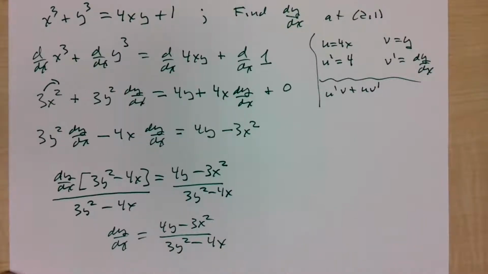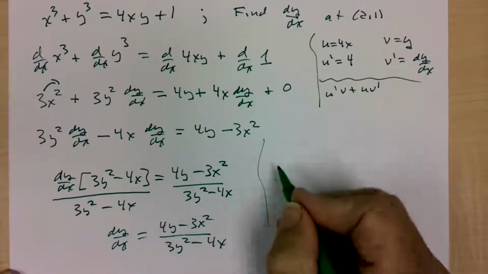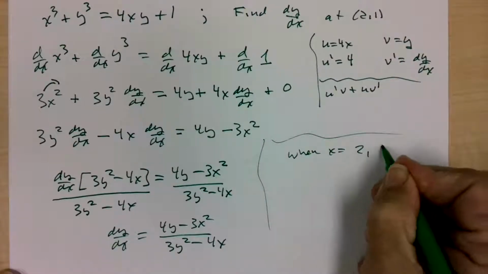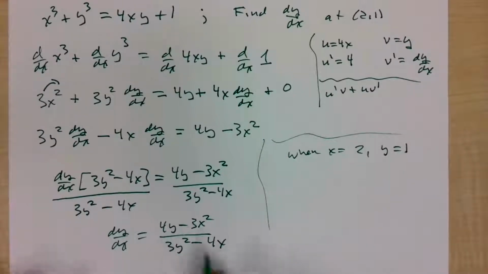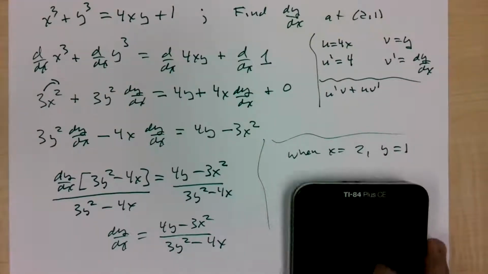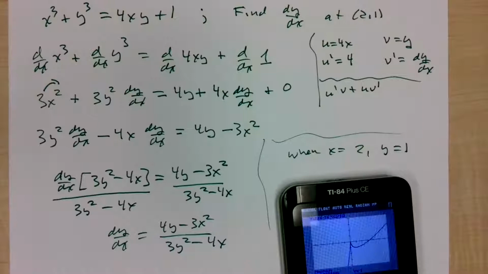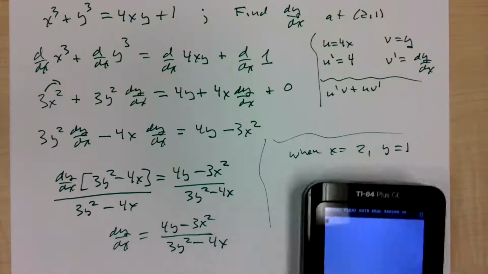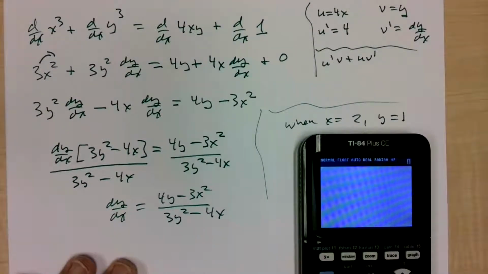But I'm interested when x equals 2 and y equals 1. So we should plug 2 and 1 into that and see what we get. Can we read the screen here? We could try at least. So I'm going to say 2 store in x. And I will say 1 store in y.